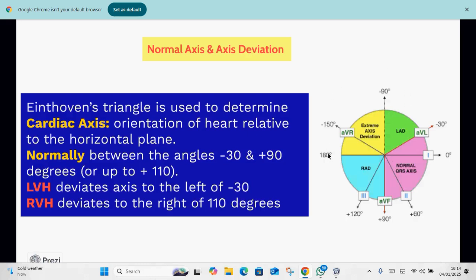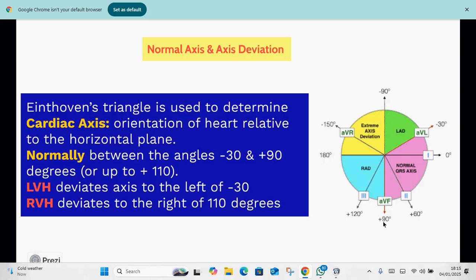Therefore the normal axis, if this is a 360-degree circle starting from 0 here, is between -30 and 90. If the apex is facing anywhere in this color, then the heart is not enlarged and there is no disease. This is called normal axis, between -30 and 90.